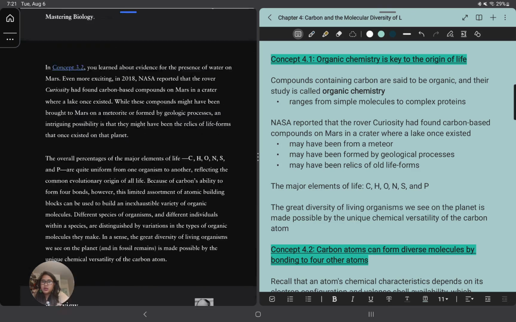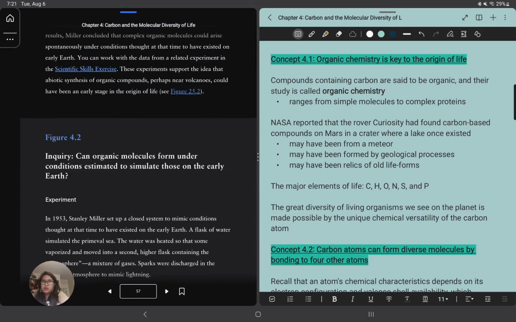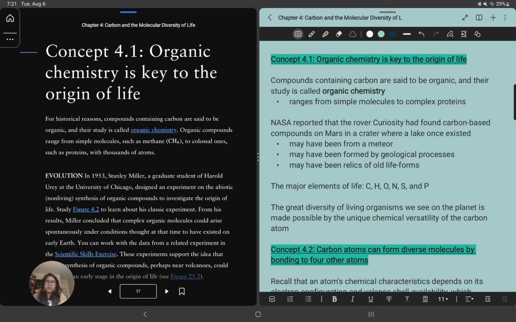Okay. So for my notes, I wrote compounds containing carbon are said to be organic and their study is called organic chemistry. Ranges from simple molecules to complex proteins. NASA reported that the rover Curiosity had found carbon-based compounds on Mars in a crater where a lake once existed.